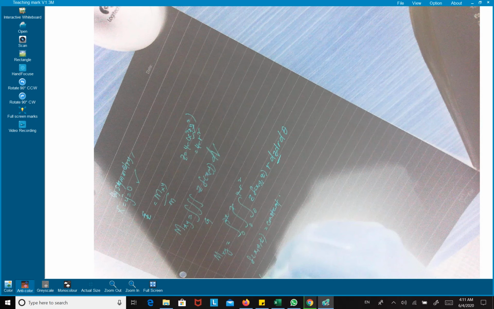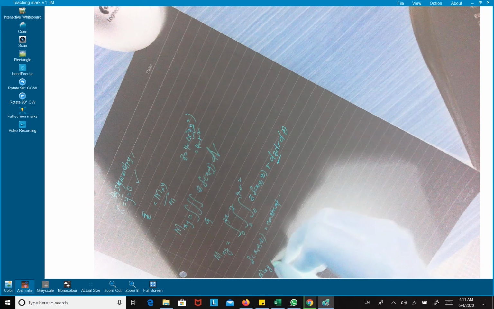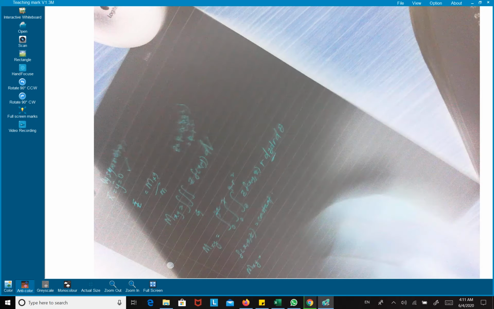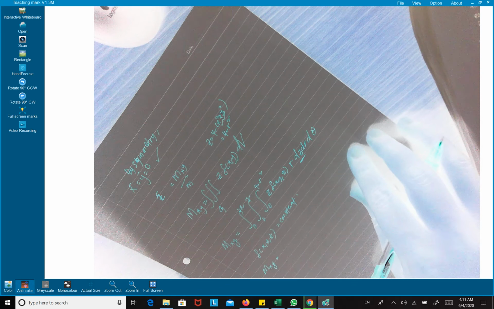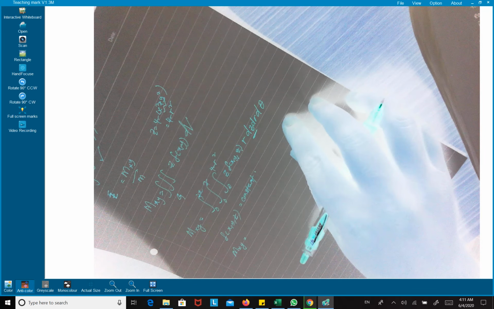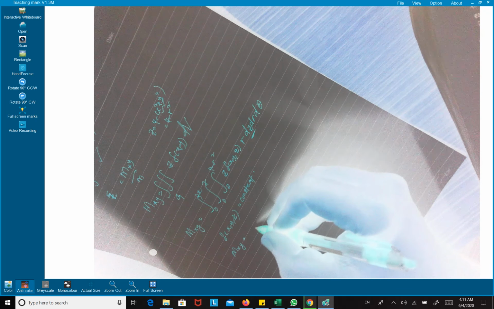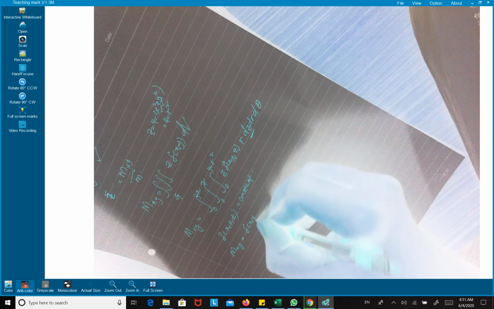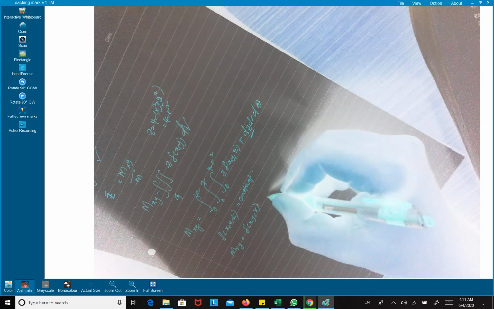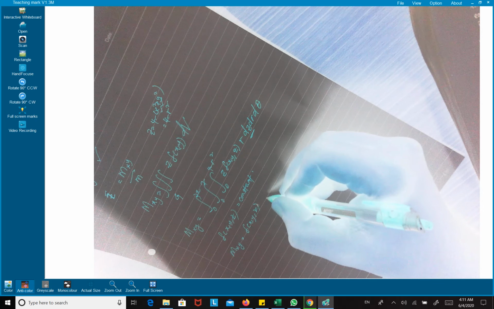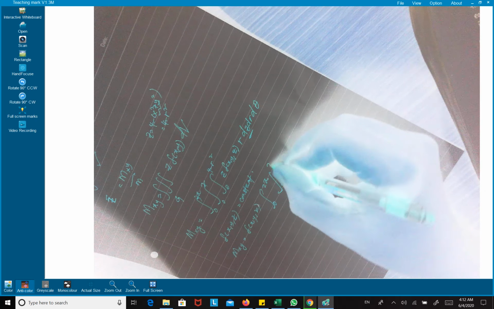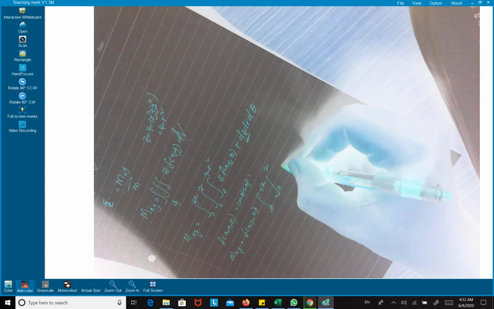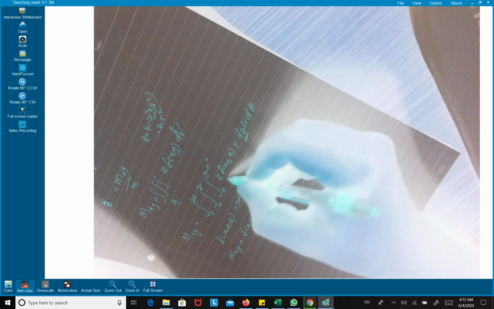So your Mxy will be the integral of delta times z, from 0 to 2 pi, 0 to 2, so integrating z will be z r.